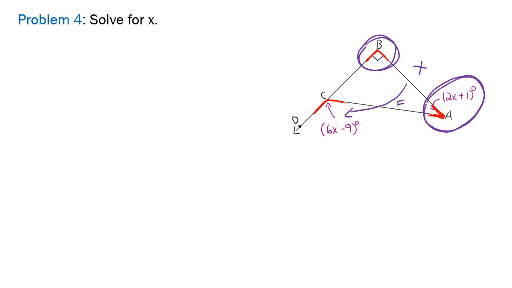So our symbol here means 90 degrees. So we have 90 degrees plus our other remote interior, the 2x plus 1, and that equals the exterior angle, which is the 6x minus 9. I'm going to go ahead and solve.